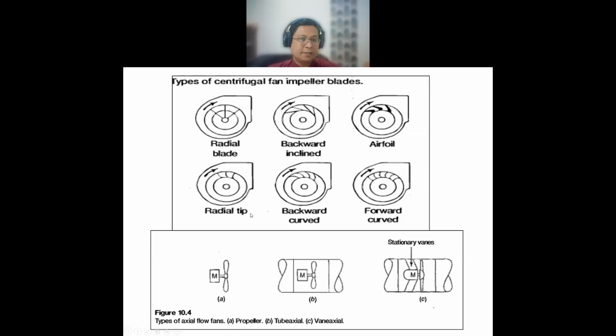And then the radial tip: you can see only a certain tip performs like the radial, and it will be not so wide like the radial blade, but only on a certain part of the blade.